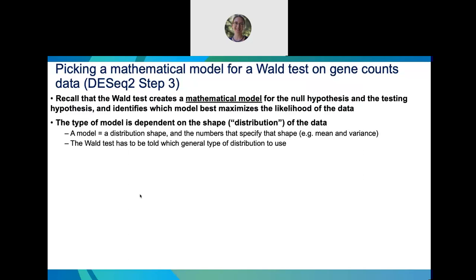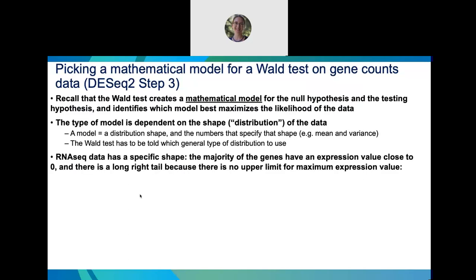So the Wald test has to be told which general type of distribution to use, which is great. That makes it really flexible. You can use it for RNA-seq data, tell it what distribution is right for RNA-seq data. And for other types of data, you can tell it a different distribution. So the Wald test is really nice for RNA-seq data because RNA-seq data has a specific shape, and we can specify the Wald test to match that shape.